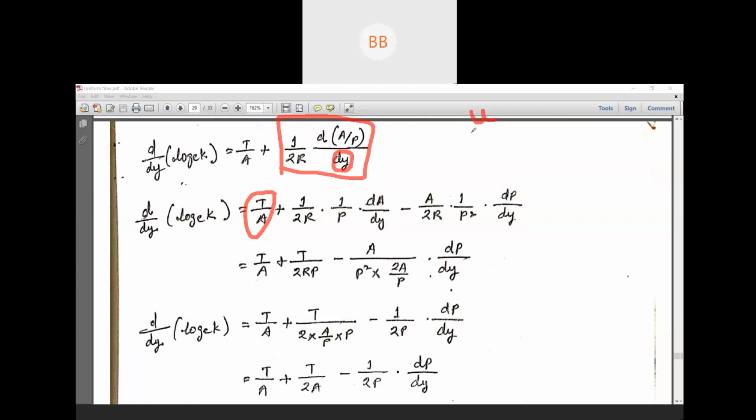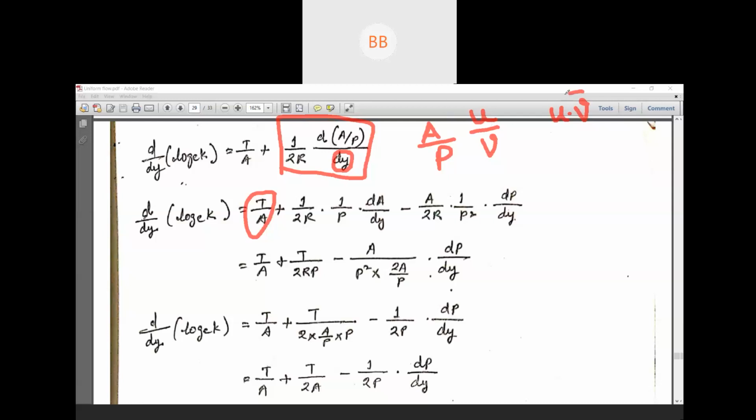in differentiation we have two formulas. One is u by v and one is u multiplied by v. If you want to use u by v, it is the same as A by P. Your u will be A and P will be v. So that you can directly apply here.